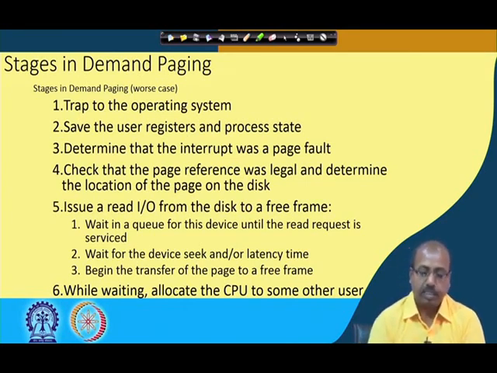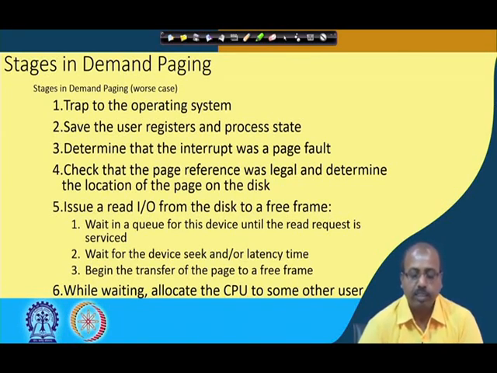There may be some frames free in the memory, so it will determine a free frame, and then it will wait for the disk to complete the IO operation, so that the page is transferred from the swap space to the free frame.